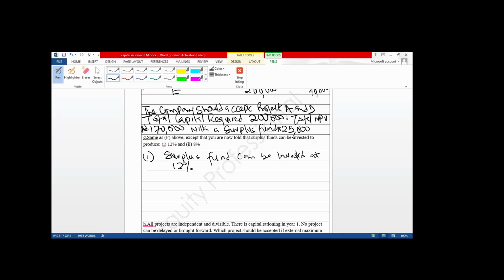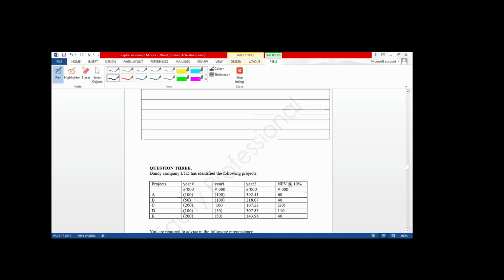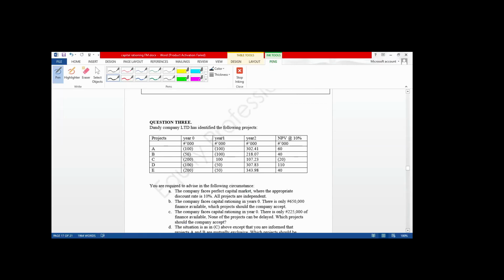To answer this question, what is the cost of capital? If you go back to the question, look at it. NPV at 10%. It is not stated here that these NPVs are at 10%. That means cost of capital is 10%.